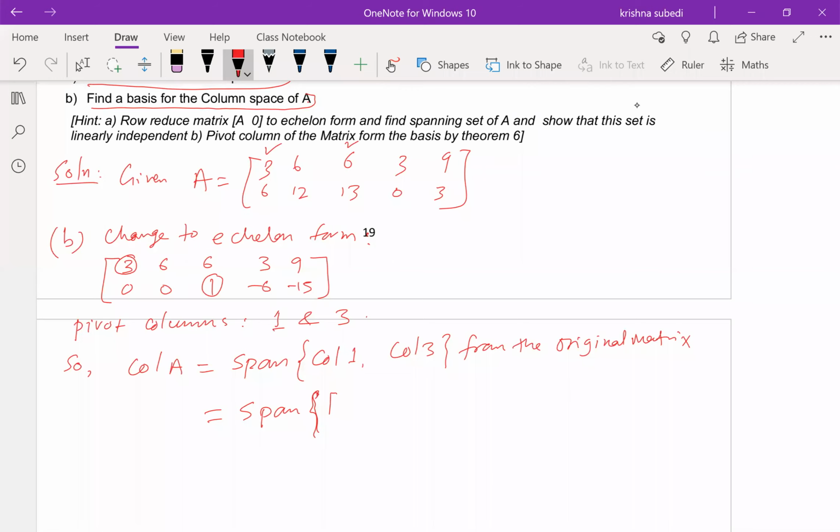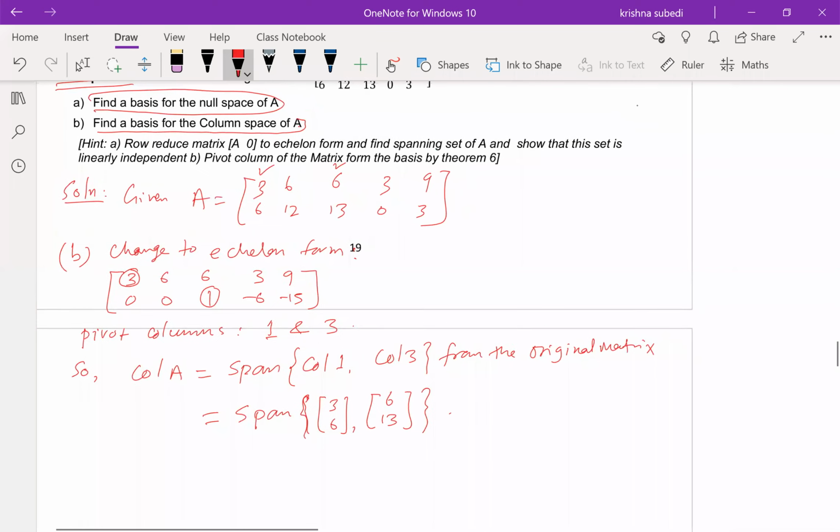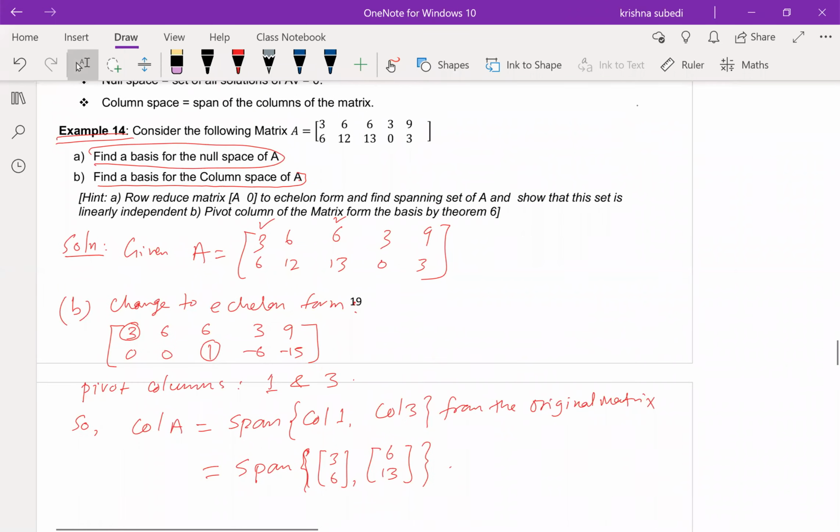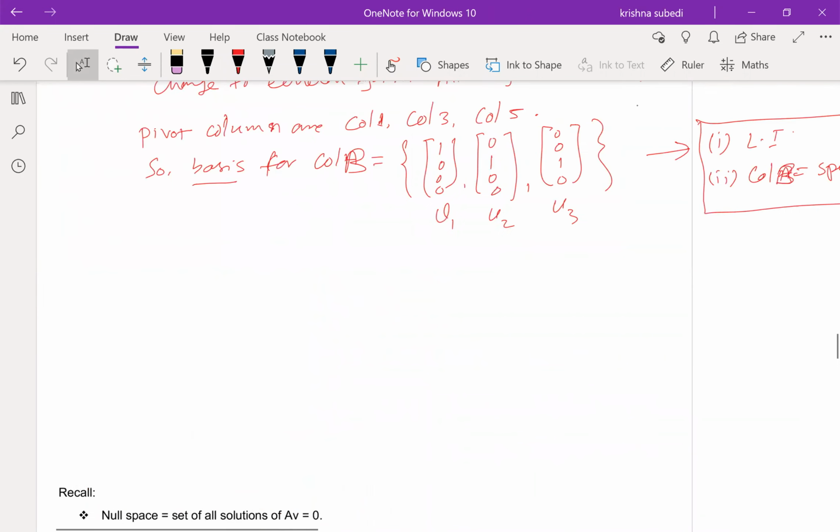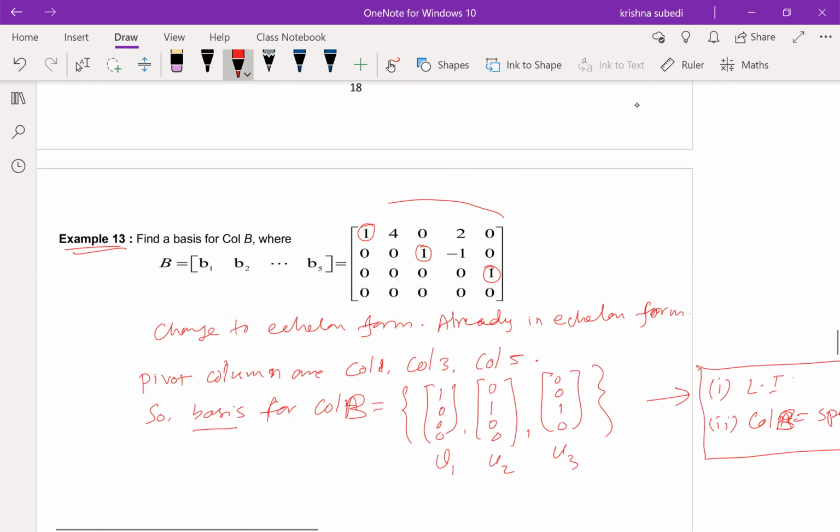So your column space of A is the span of (3, 6) and (6, 12). Done. In the previous example, we used the echelon form because the original one was already in echelon form.